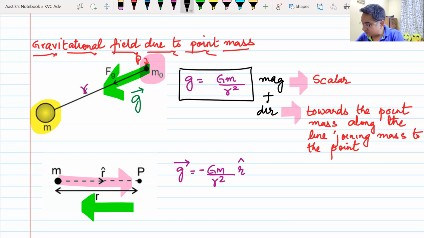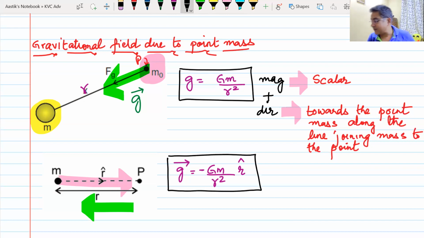This equation gives us both the magnitude and the direction of gravitational field. So I am going to call it the vector equation of gravitational field, because it gives me both the magnitude and the direction.